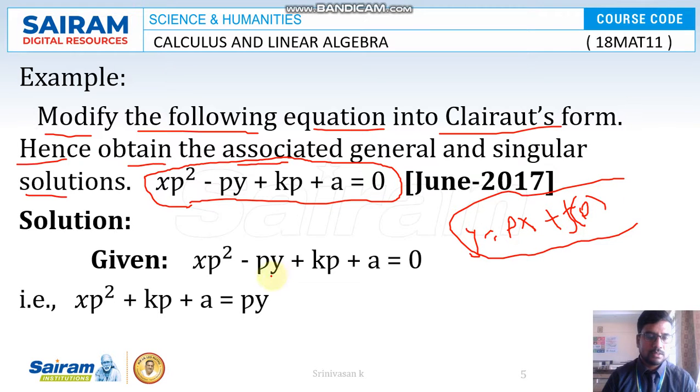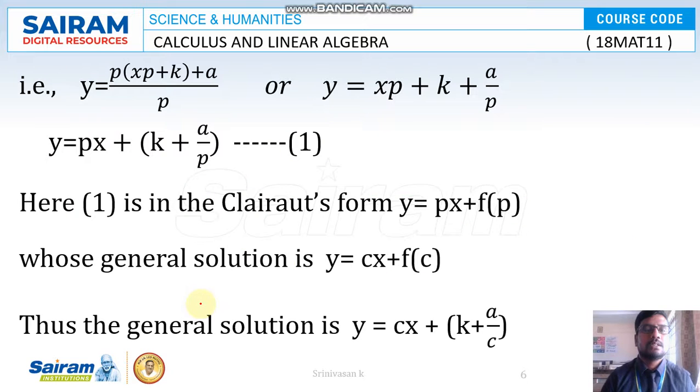Given the equation x p square minus p y plus k p plus a equal to 0. Taking the minus p y to the other side, we get x p square plus k p plus a equal to p y. Then y equals p into (x p plus k plus a) divided by p, or y = xp + k + a/p.